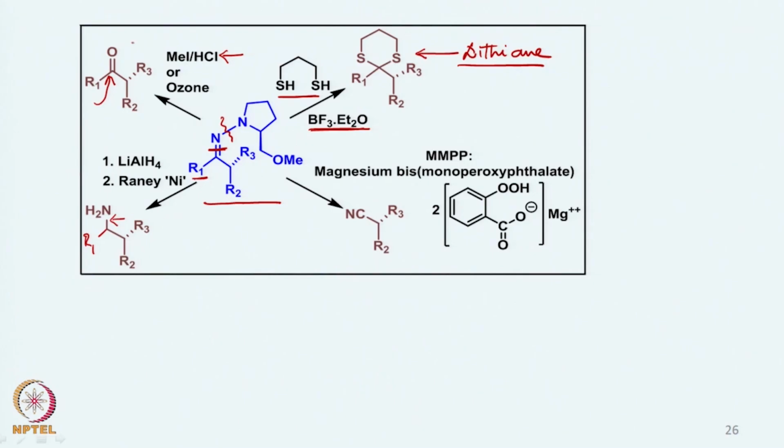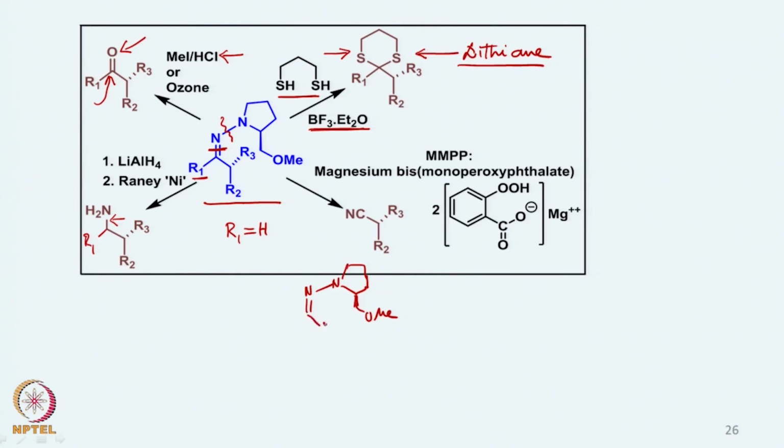So we can get to a ketone, or we can prepare a protected ketone as a dithiane, or we can go to the corresponding amine. Now if R1 is H, then we can expect this type of intermediate product to form, which upon reaction with per acid like this.